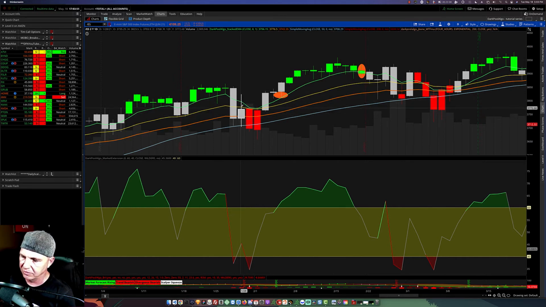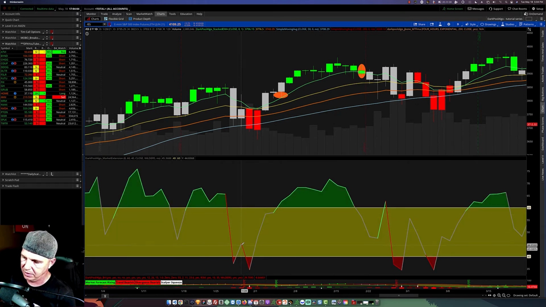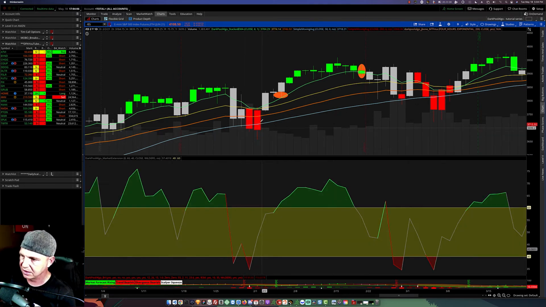And we would have gotten head faked out. So depending on the risk tolerance, this was a 3748. This was a 50-point drop from this position to here, right?